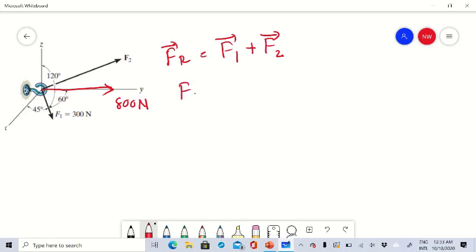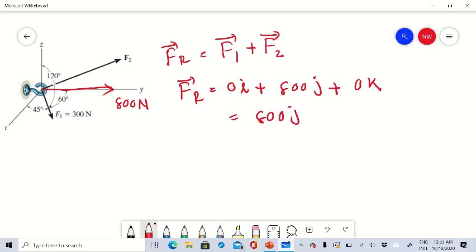I can write Fr equal to 0 i, there is no component in the x direction, plus 800 j in the y direction, plus 0 k, as there is no component in the z direction. So I can write it as 800 j, right? The resultant force in Cartesian vector notation is 800 j.